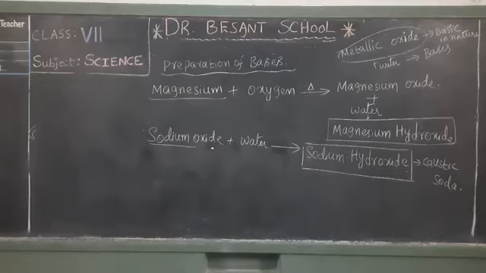So here magnesium and sodium are both metals. When these react with oxygen, they produce metallic oxides, and these oxides when reacted with water produce bases. That's why I have written there, metallic oxides are basic in nature.